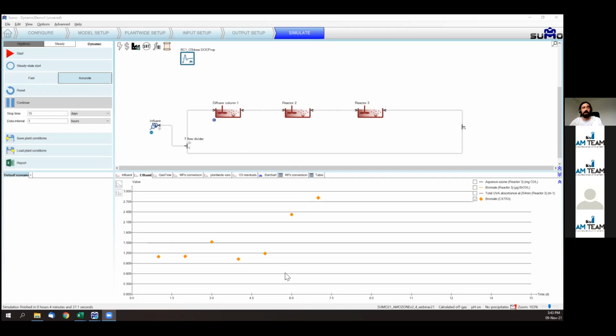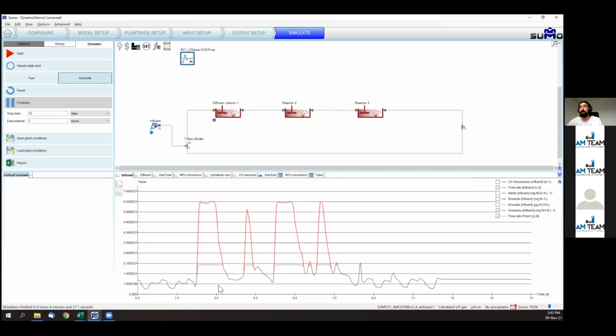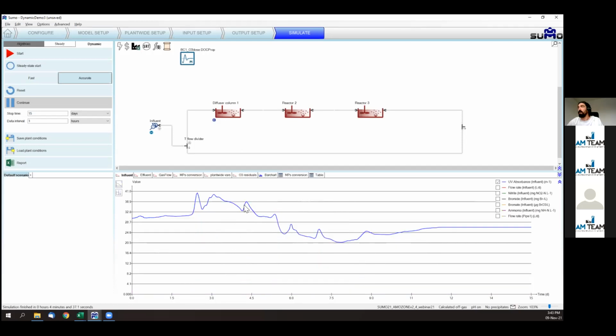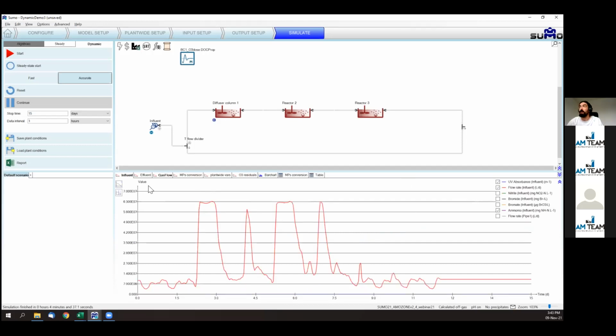So the effluent has its dynamics, as we have seen. We have the flow changing. We have UV absorbance changing, so the load of organics is changing in time, and also the ammonia, as we have seen, is changing. So as you can see here, there is a peak in UV absorbance, which is brought by the washout of the sewer.